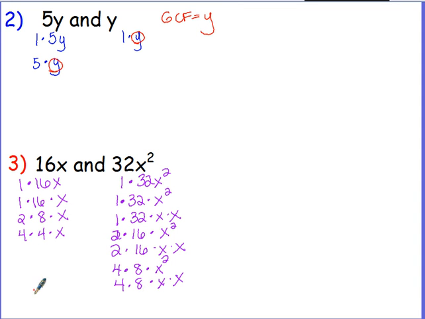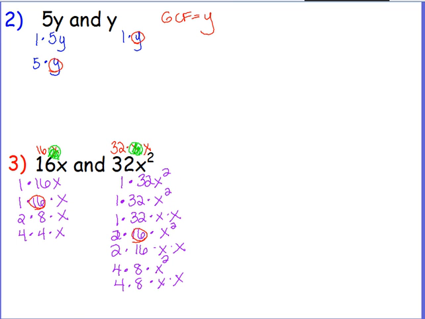But here we can see that not only is 16 a common factor, but they also have a common factor involving the x. This one would just be 16 times x. This is 32 times x times x. The most amount of x's that they have in common that I could take from both is 1. 16x doesn't have an x squared to take.